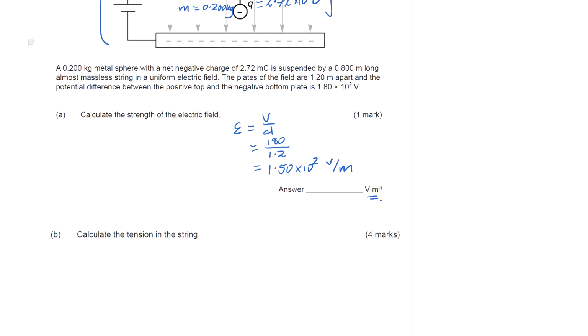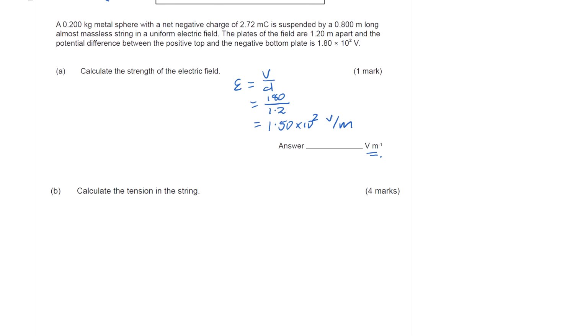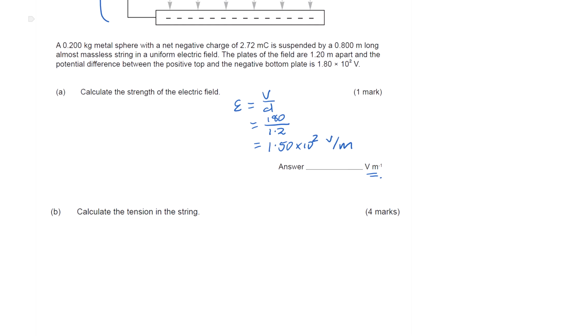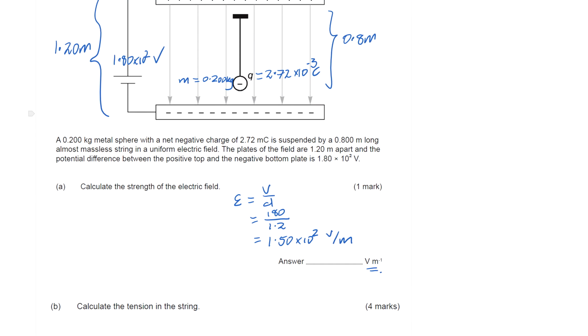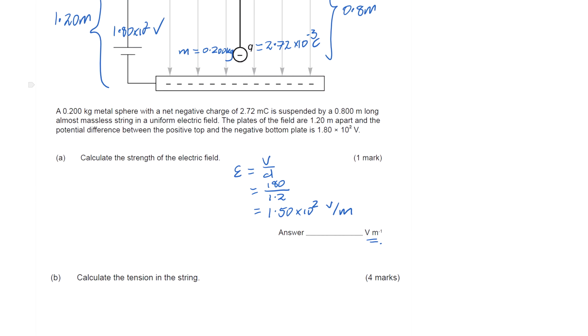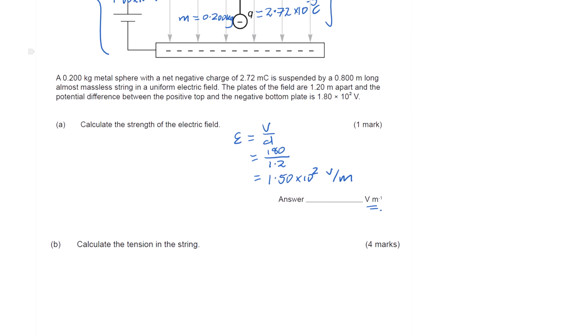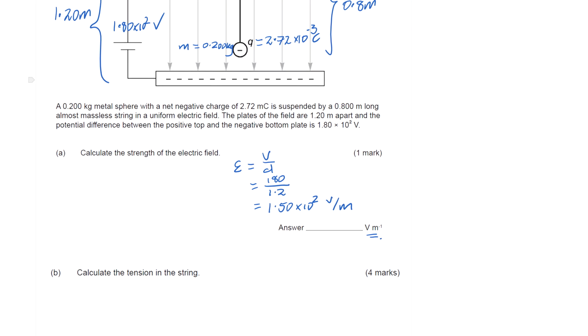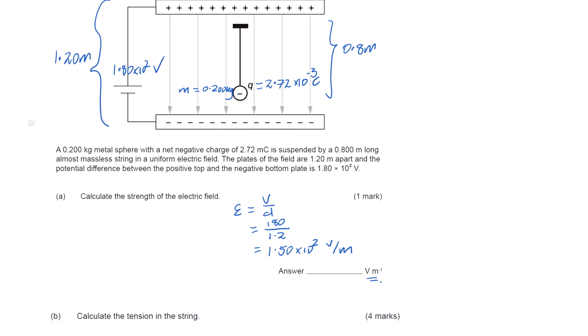Okay, we now move into a gravity and motion type question. It's asked you for the tension in the string. So from this, what you've got to realize is that there are two opposing forces here.